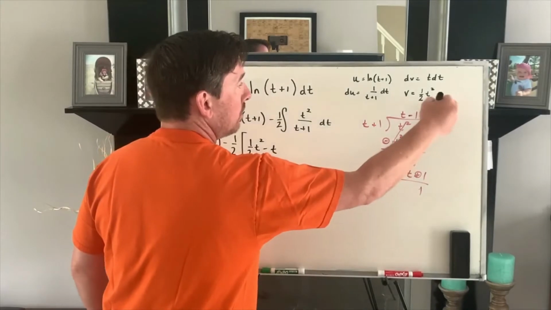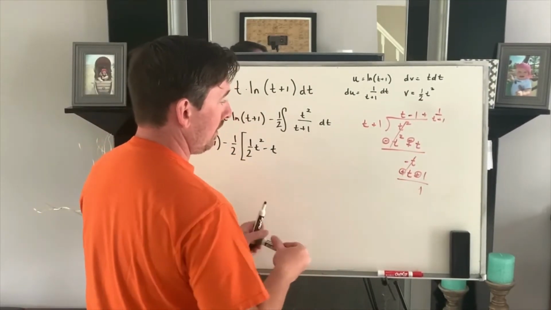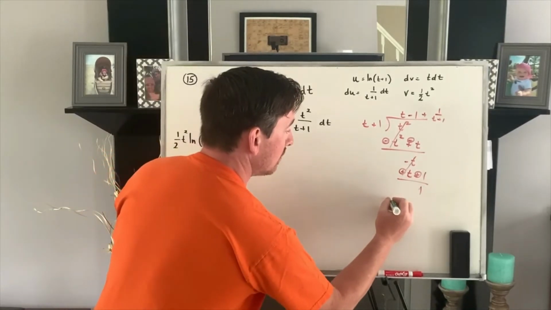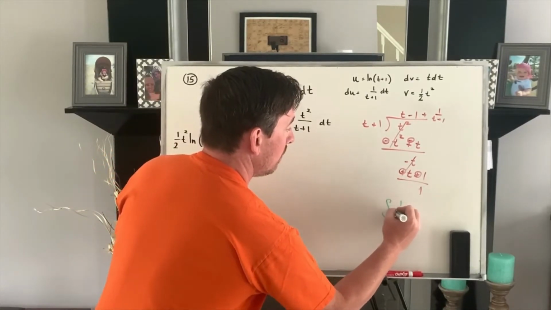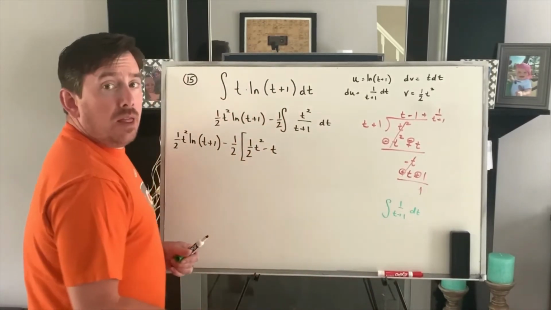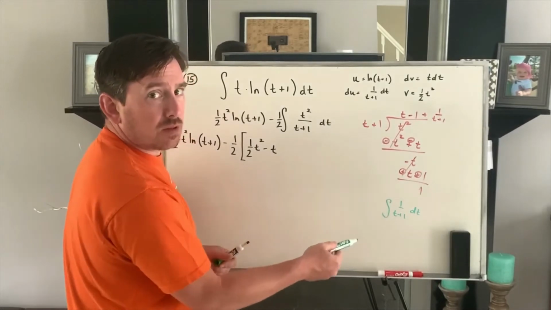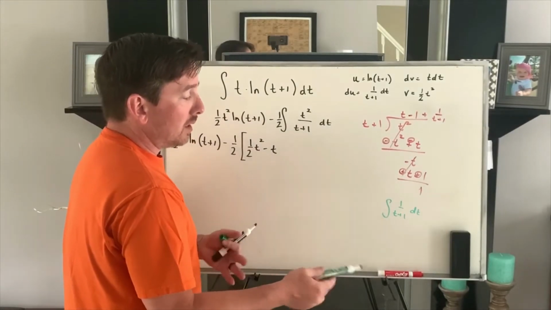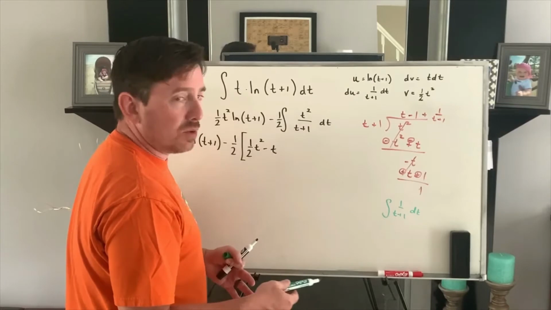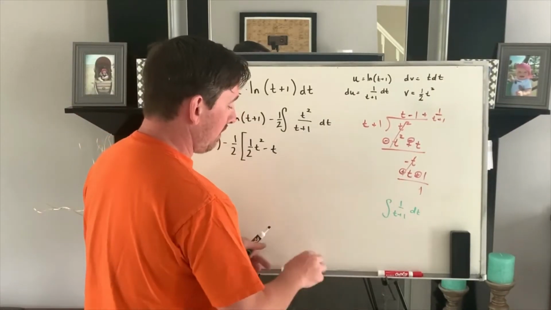And now the integral of 1 over t plus 1, that's our log rule. The top is the derivative of the bottom already. Technically we're using u substitution, but there's no need to formalize it because it's simple enough. The top is the derivative of the bottom.